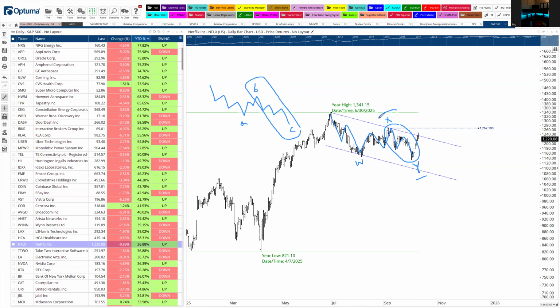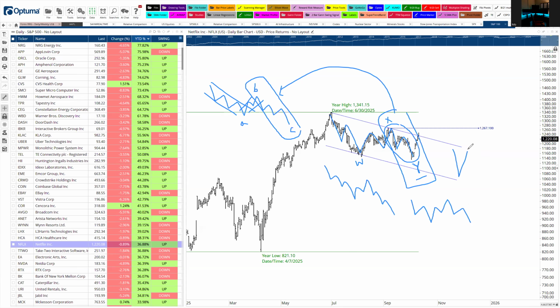This is always a tricky part, because this part and this part look the same. You can have a three here, you can have a five. So zigzag is this. The complex is this. And then the triangle is this. And then the flat is this.